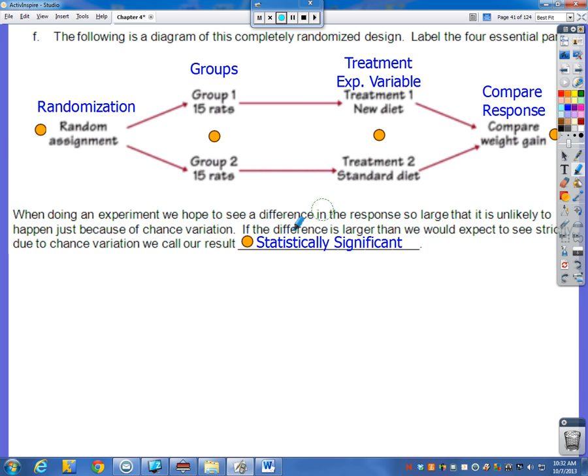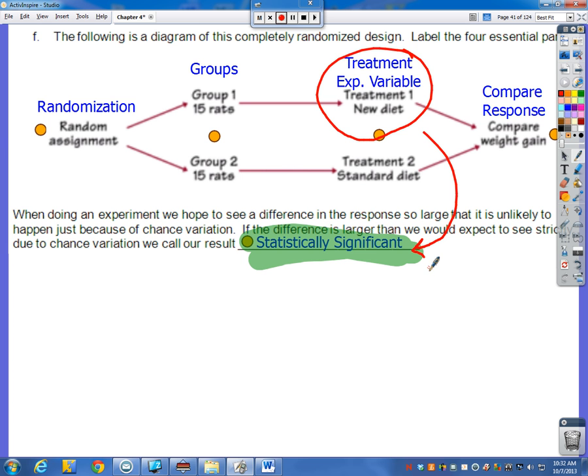Okay, so this is a key word phrase that we will be using. So if we do believe that our treatment is definitely causing a significant change, we will call that result statistically significant, that it is definitely different and it has caused a new result to happen.